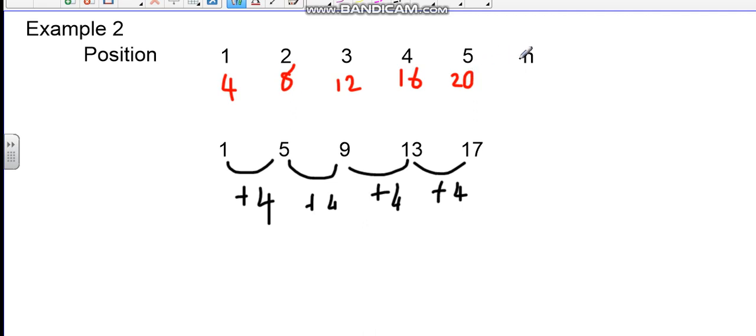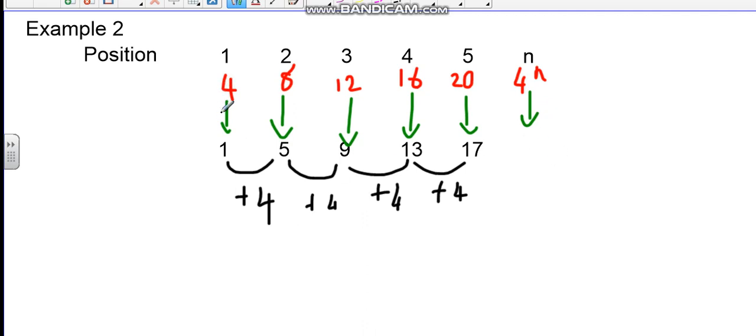And then n times 4 is 4n, or you can look at the general term for the 4 times table is 4n. So as we did before, we need to look at how did I get from the 4 times table to this sequence here, and then we can work out what the nth term is for this sequence.